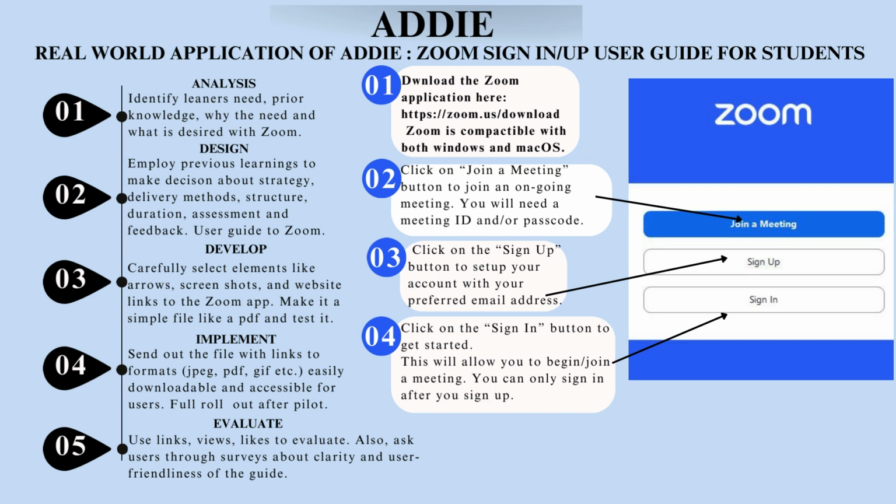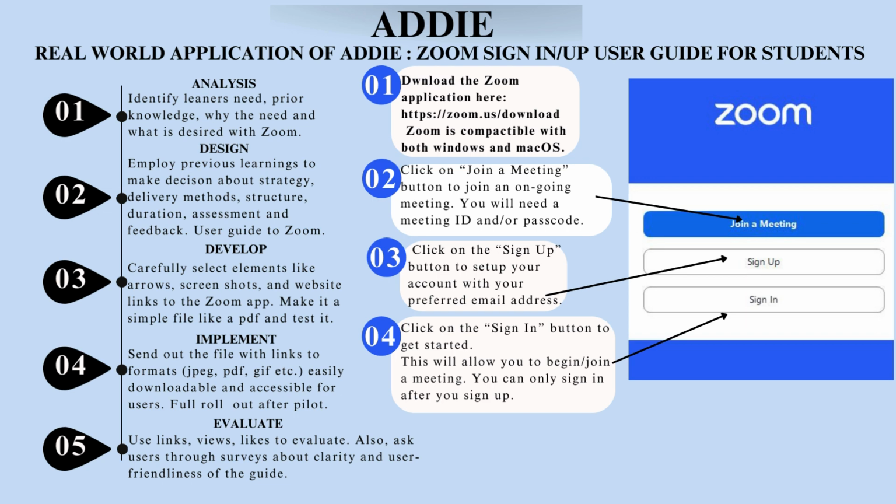For the implementation stage, I sent out the file through emails, but the file was saved in different formats, in JPEG, PDF, GIF, and other formats, even as a Google Drive document, so it can be accessible to anyone who has the link and also downloadable.